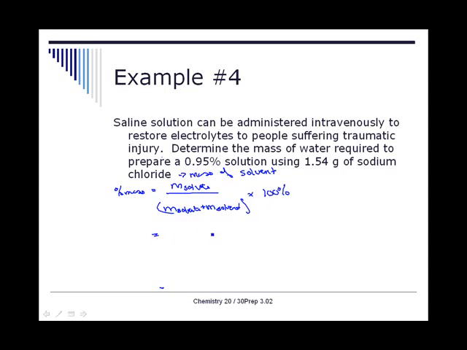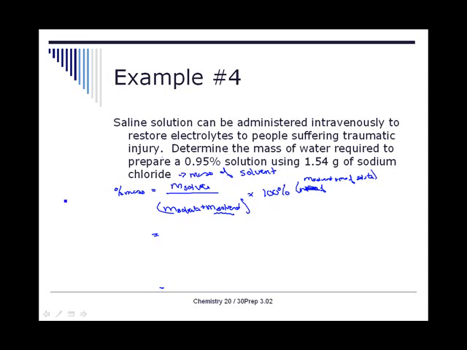So the mass of the solute, and here we're going to do a little bit of algebra ahead of time. We want to isolate the mass of the solvent. So in order to do that, I'm going to multiply both sides by the mass of solvent plus mass of solute.